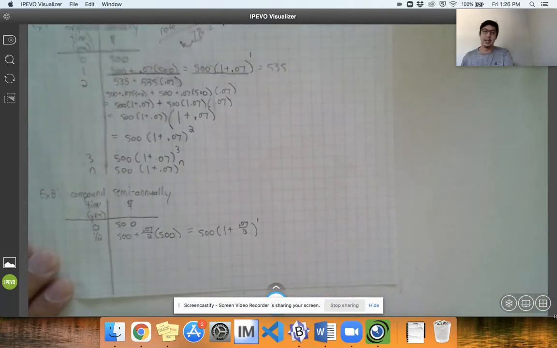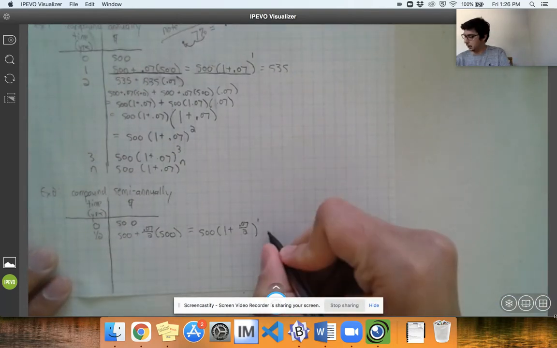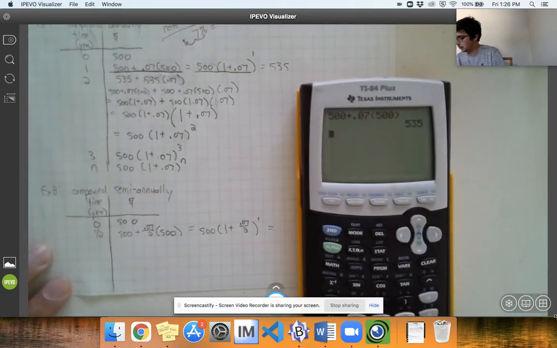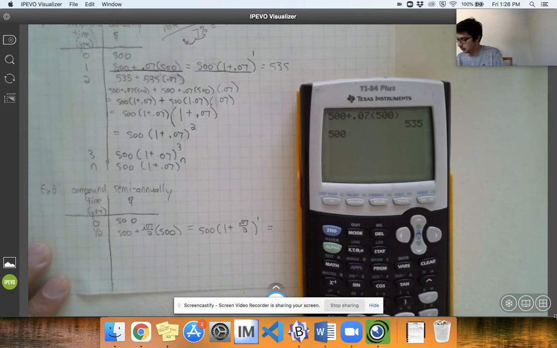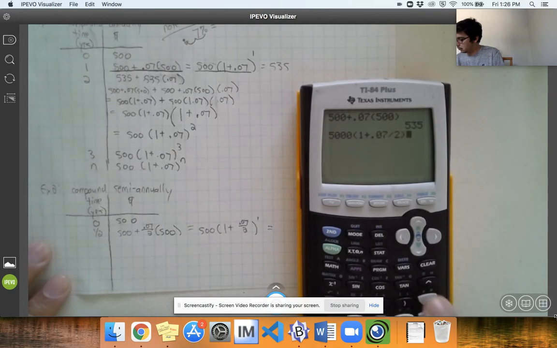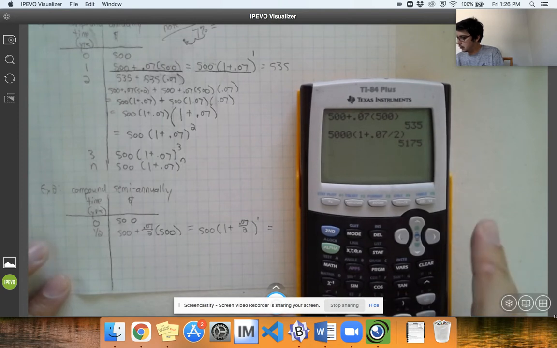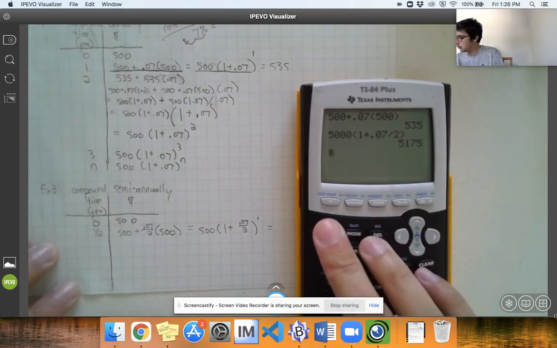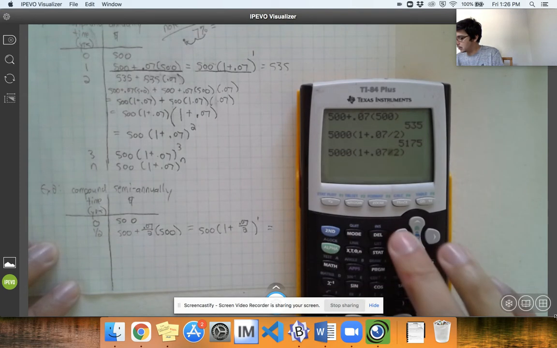And that'd give me some answer, so we'll just put this in here so you can see this: 500, 1 plus 0.07 divided by 2 to the first. Did I mess up? Oh, I put 5,000. Change that to 500.